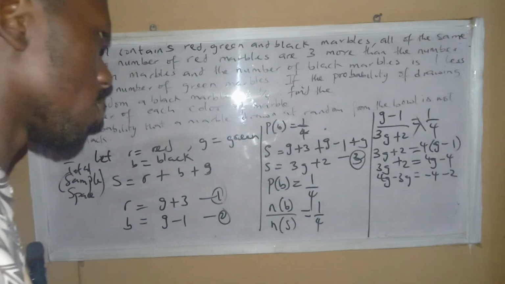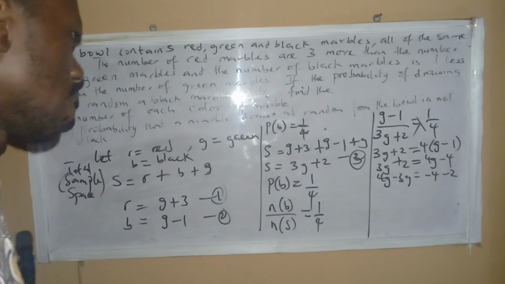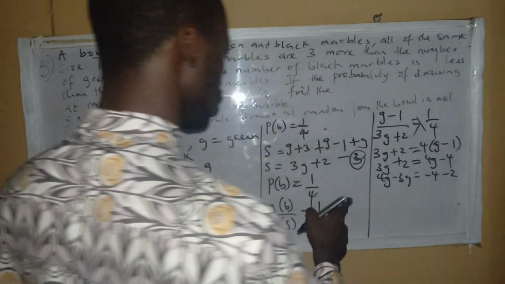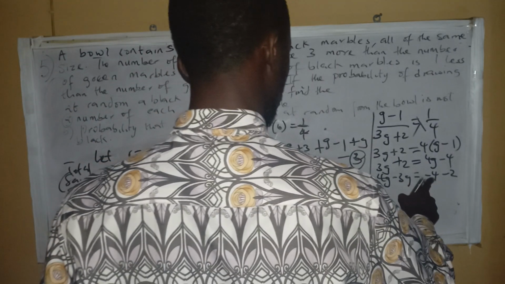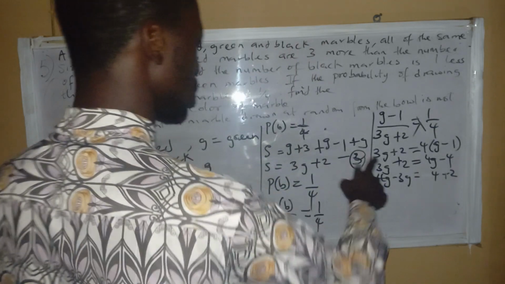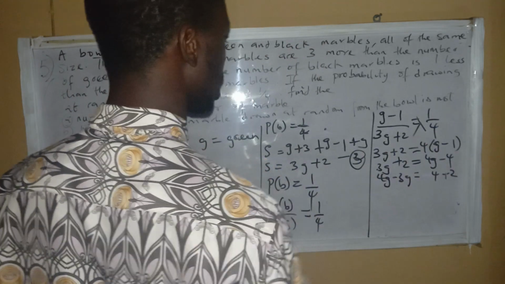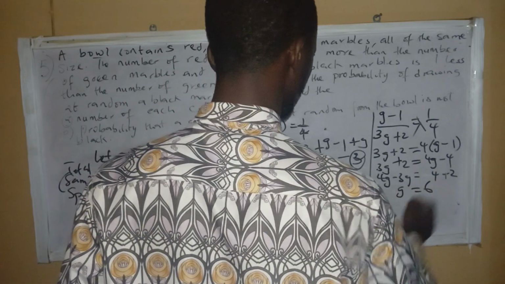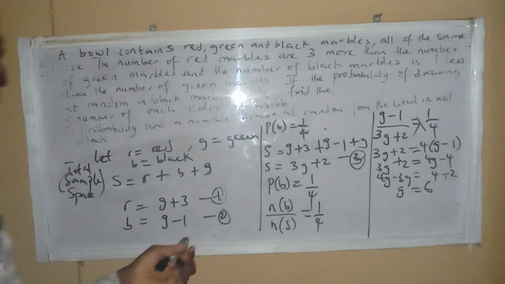Please take note of this, I don't want any mistake. When you take the 3G to the other side, this is going to be plus 2. Therefore your G is equal to 6. Now how do we find our R?